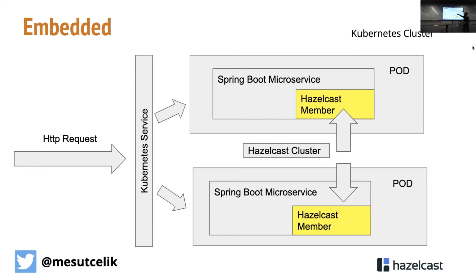So in this case, some lookups can end up over here from that microservice. If you deploy in this architecture, the easiest part is that you don't have to have a separate cluster, and all those members will find each other and create a cluster. As it says, it's embedded.